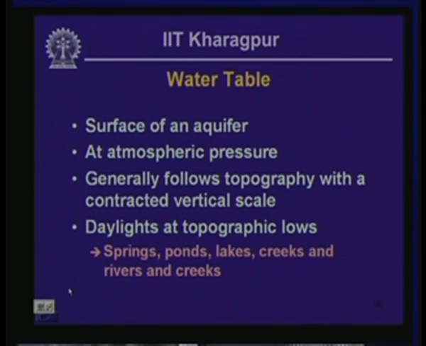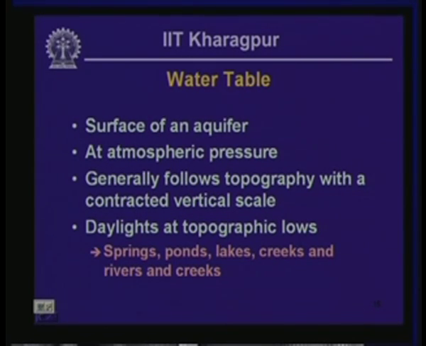Okay. Now, definition, we have already looked at this concept a little bit earlier. Definition of water table. What is a water table? Water table is essentially the surface of an aquifer which is at atmospheric pressure. Water table generally follows the local ground surface topography, although at a contracted vertical scale.